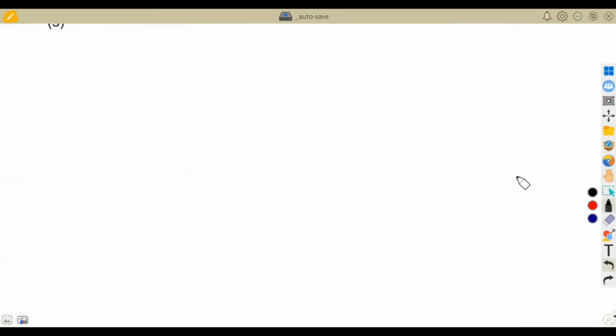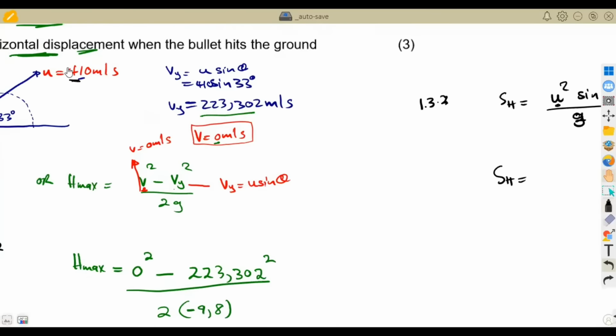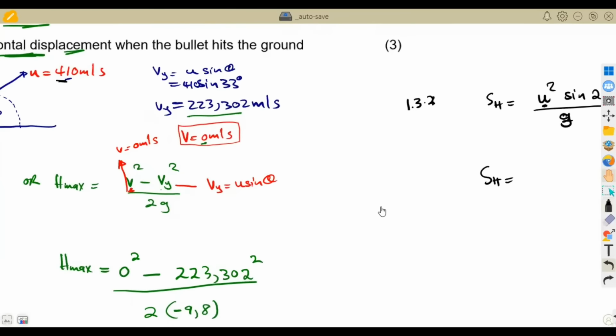So we are talking about the horizontal, where we said SH is equal to U squared sine 2 theta over G. So what you need to know is that the U is your initial velocity as it is, and our initial velocity given there, if we check, is 410.